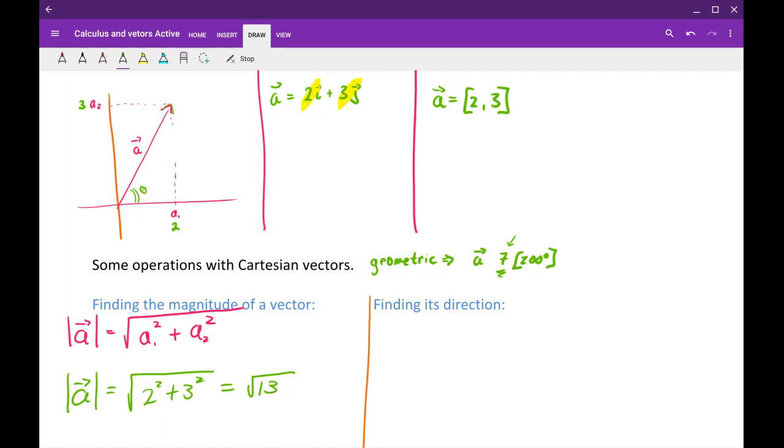So how do we find the direction of this vector? Well, we're again going to exploit the fact that it's a right triangle. Remember that's a 3 and that's a 2. To find its direction, it's just the tangent inverse of the y component over the x component. And that would give you your direction in trig bearing.